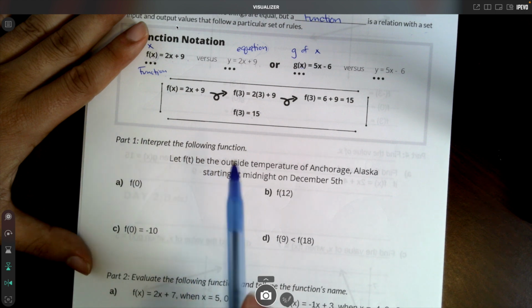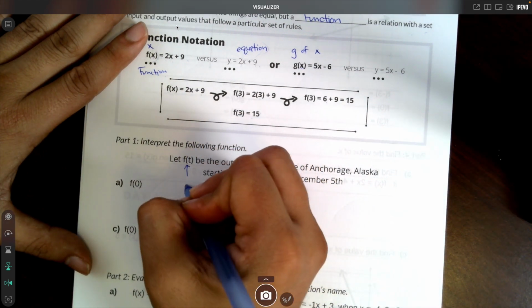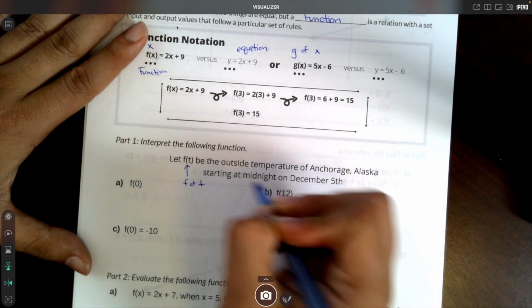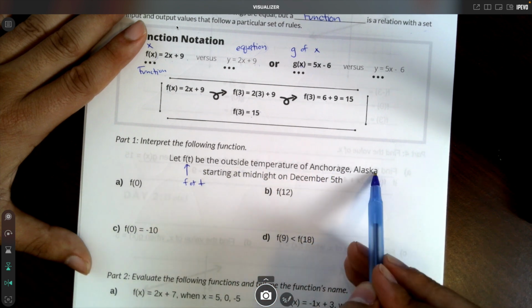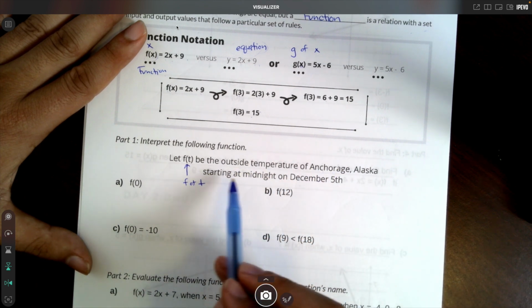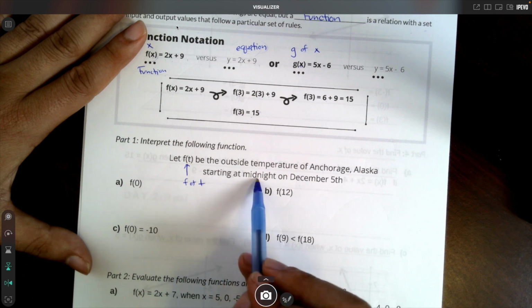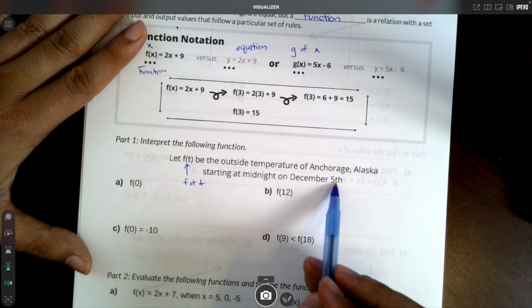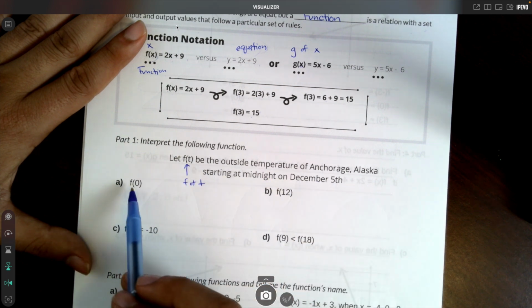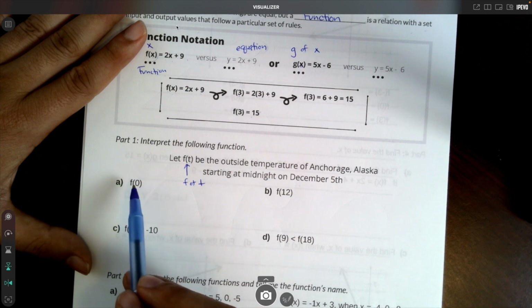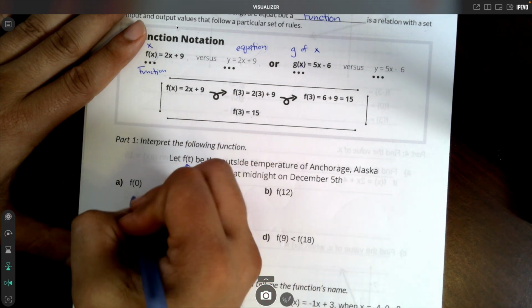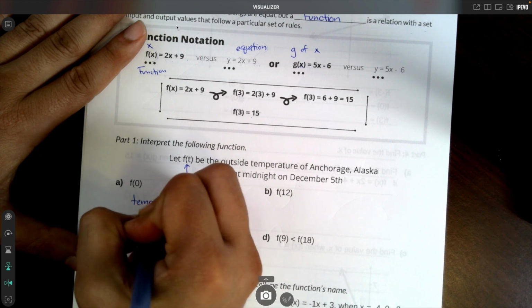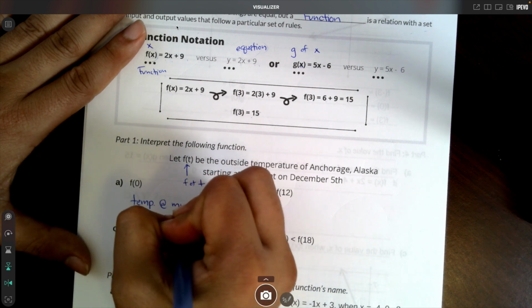Let f of t be the outside temperature of Anchorage, Alaska. Alaska's super cold. And it's starting at midnight on December 5th. So the question is, what is f of 0? F of 0 is when it starts. What time did it start? Midnight. So this is the temperature at midnight.